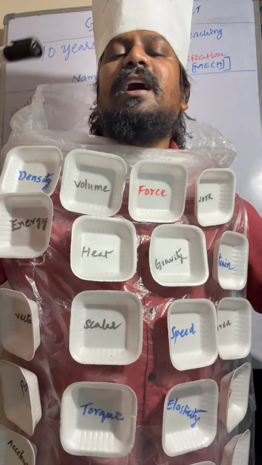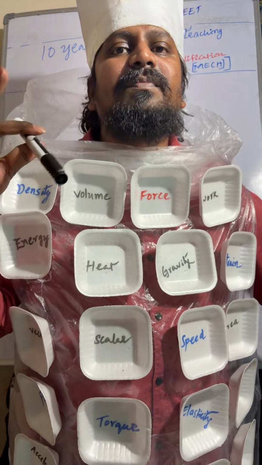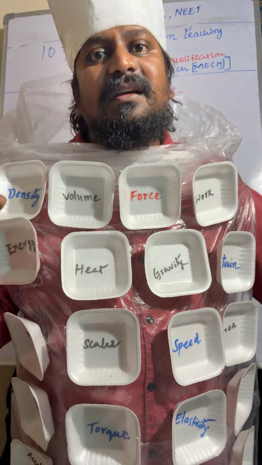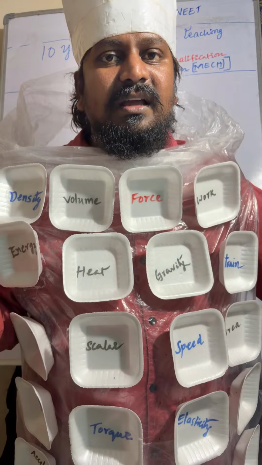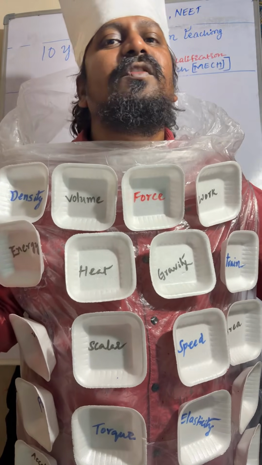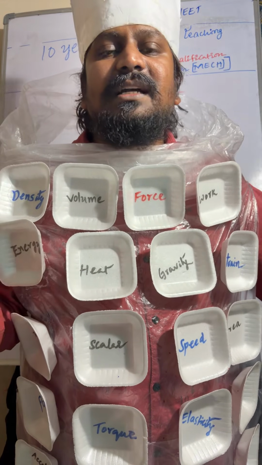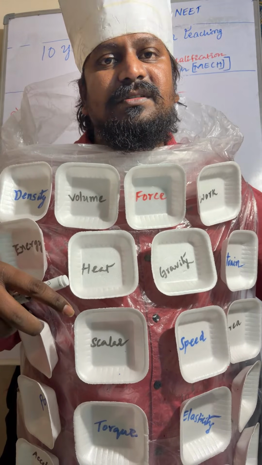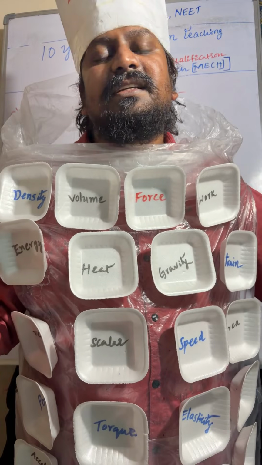And coming to gravitational force. If you drop an object, it always moves towards the earth's center. At a distance only the force will act. Non-contact force. Contact force examples we already discussed.